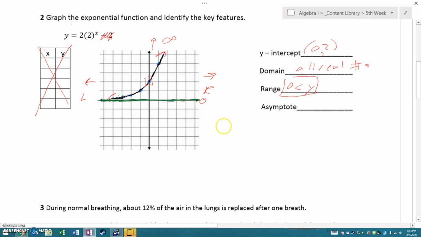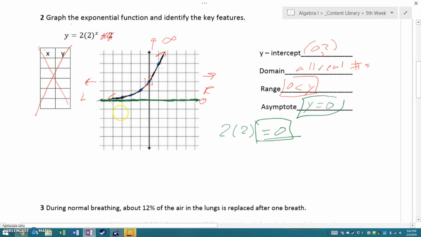So for instance, this function 2 times 2 to the x power cannot equal 0 because it has an exponent with an x. So you can't equal 0 here, which means that the only number that you can't equal is going to be your asymptote. This graph will never get to 0.